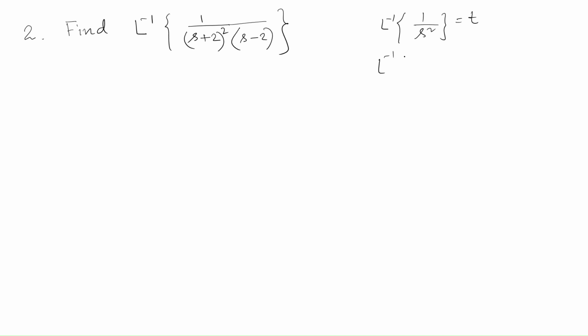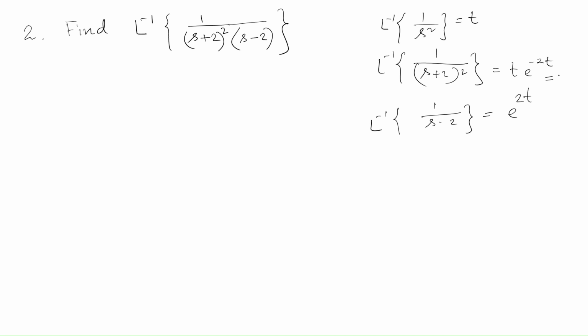Inverse Laplace transform of 1 by (s plus 2) whole square is t e power minus twice t. Inverse Laplace transform of 1 by (s minus 2) is e power twice t. Let us take this function as f of t and this function as g of t.